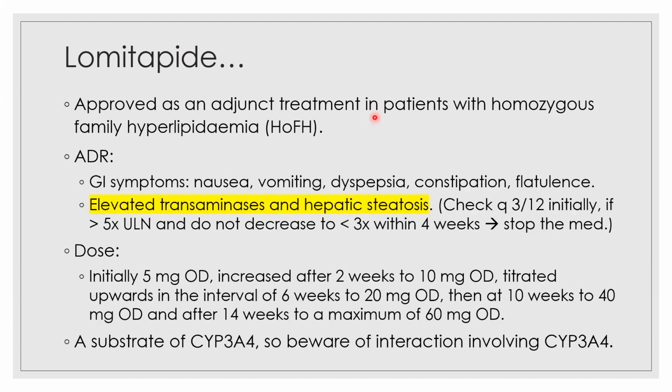It is approved as an adjunct treatment in patients with homozygous familial hyperlipidemia. Now, ADRs: GI symptoms such as nausea, vomiting, dyspepsia, constipation, flatulence, also elevated transaminases, like the ALT we mentioned just now, and also hepatic steatosis.